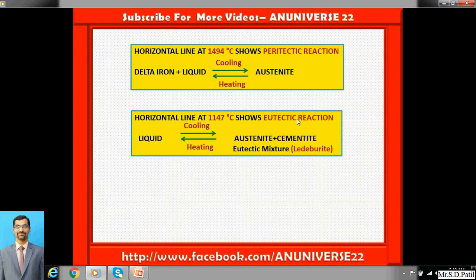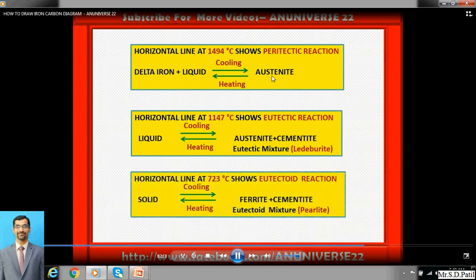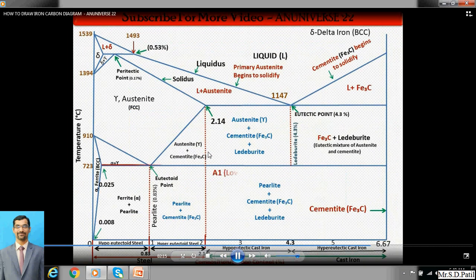So the horizontal line, that reaction that has been given, is delta plus liquid giving austenite when the liquid is cooling. That is at the lower critical temperature line, and this will be the Curie temperature line.